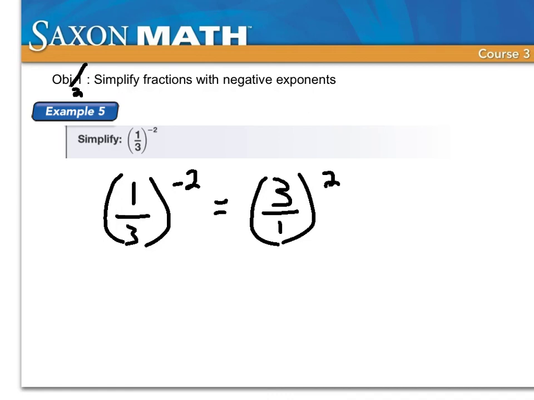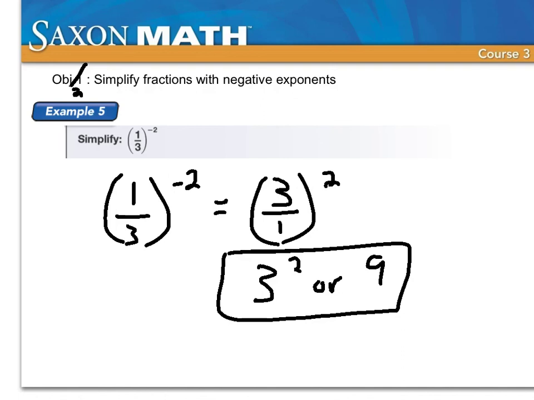And 3 over 1 is the same as just 3. So this is 3 squared. And if we want to completely simplify this, 3 squared is 9.